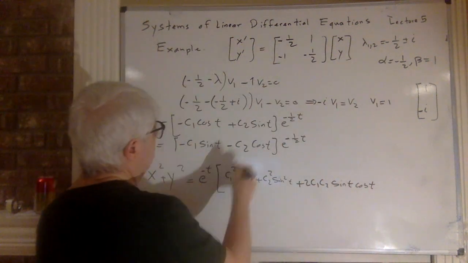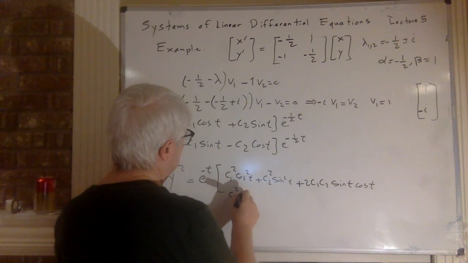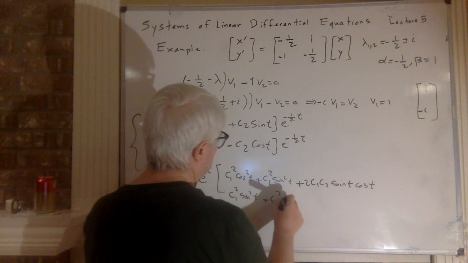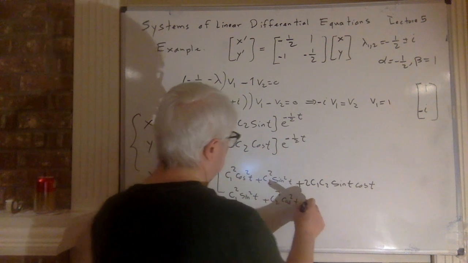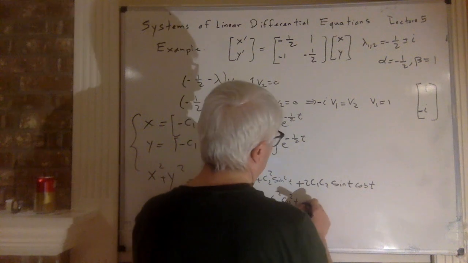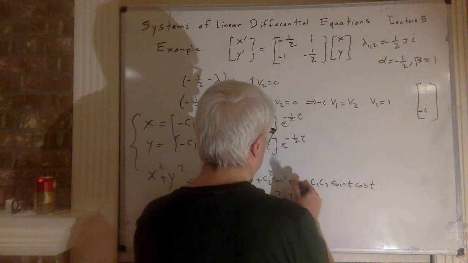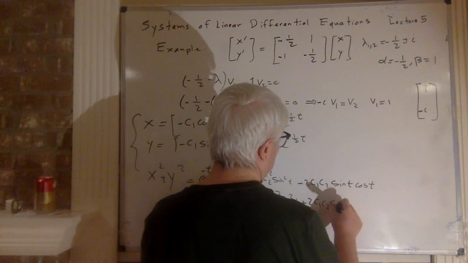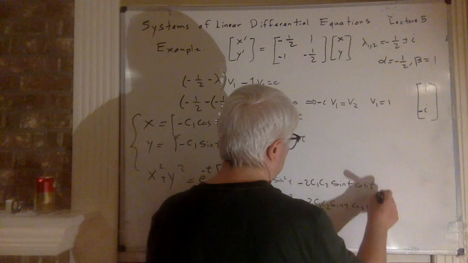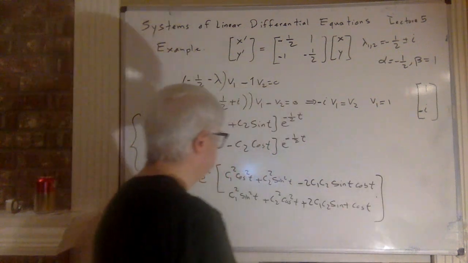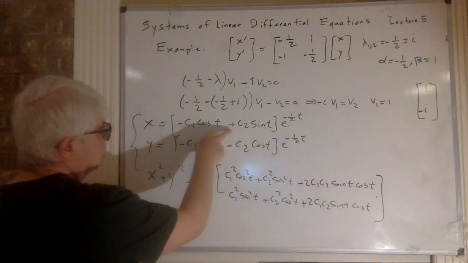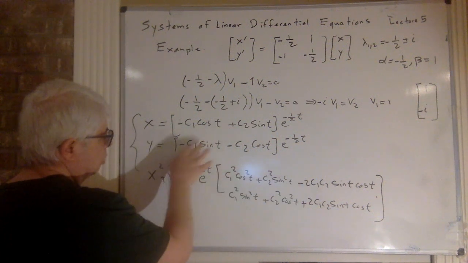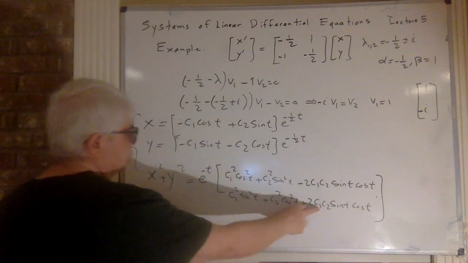The second one is c1 squared sine squared t plus c2 squared cosine squared t, minus 2 c1 c2 sine t cosine t. This is minus, this is plus, twice this one times this one.